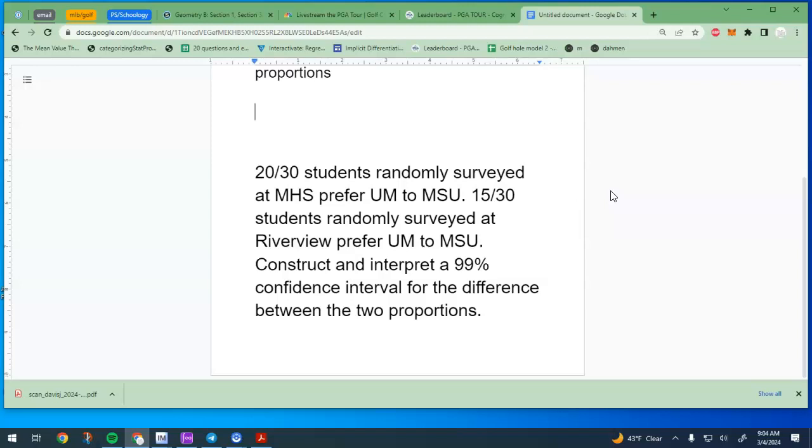You want to be surveying less than 10%. So 30 is less than 10% of all students.